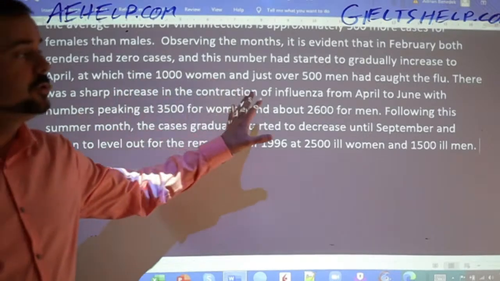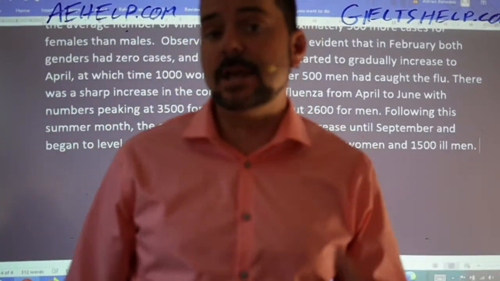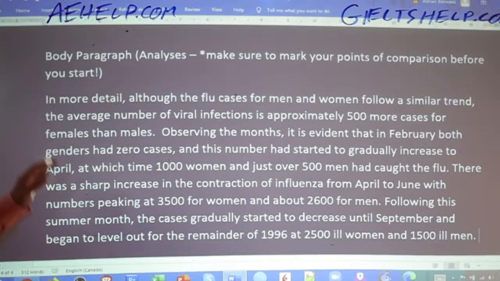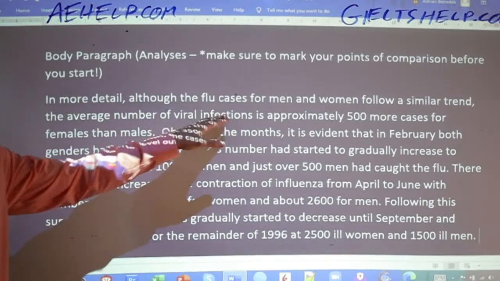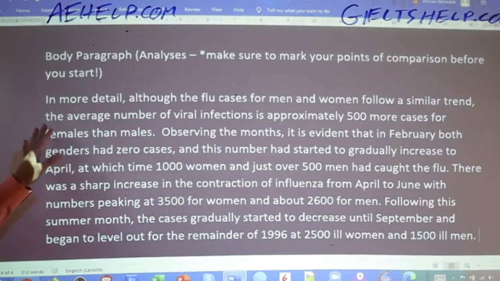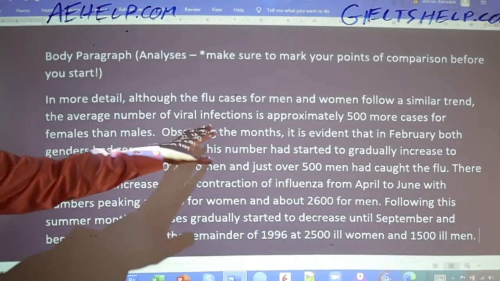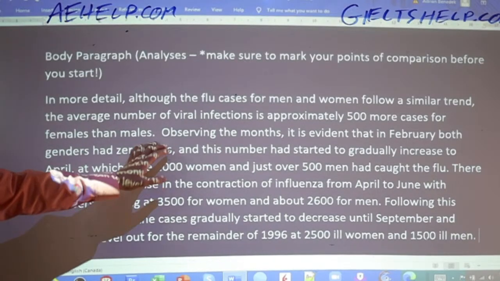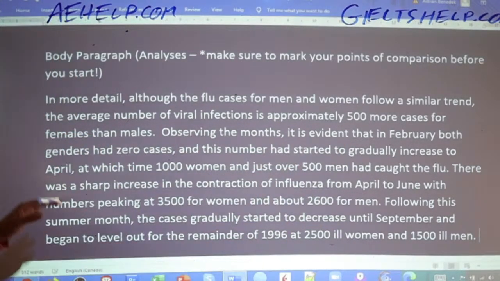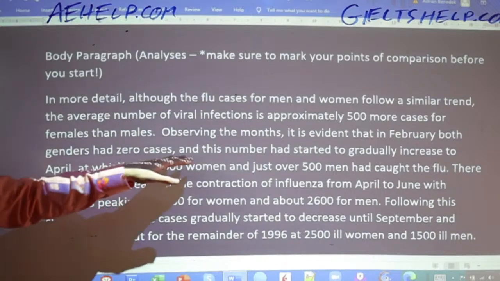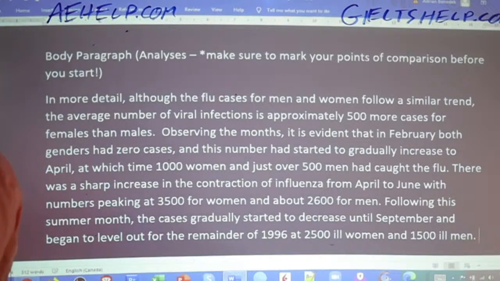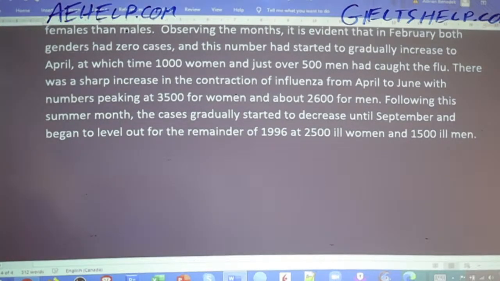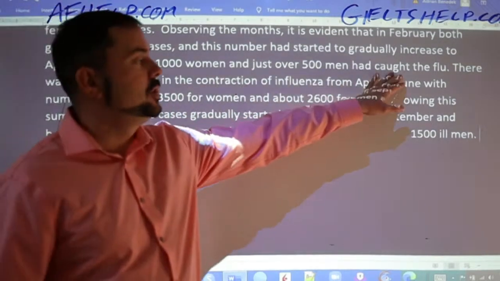Now, I want to review this and read it and make sure that it makes sense. Here we go. In more detail, although the flu cases for men and women follow a similar trend, the average number of viral infections is approximately 500 more cases for females than males. Observing the months, it is evident that in February both genders had 0 cases, and this number had started to gradually increase to April, at which time 1,000 women and just over 500 men had caught the flu.